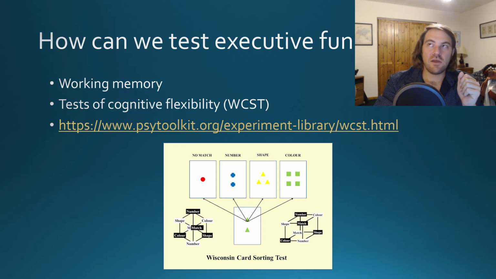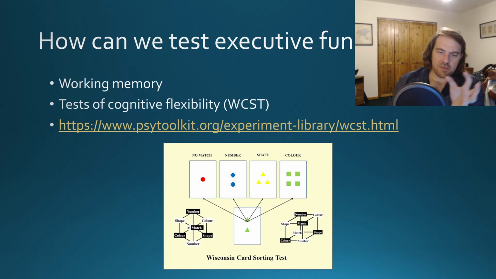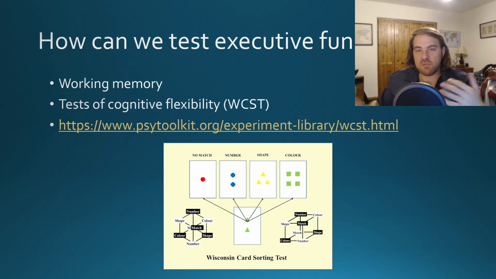So is the match the number? Is the match the shape? There's square, circle, star, and plus sign, I think. And so that could be the match. Or there's color, and there's red, blue, yellow, and green, and that could be the match. So you have 4 possibilities in each of these different match conditions, and you just have to guess what the match is. Let me show you.